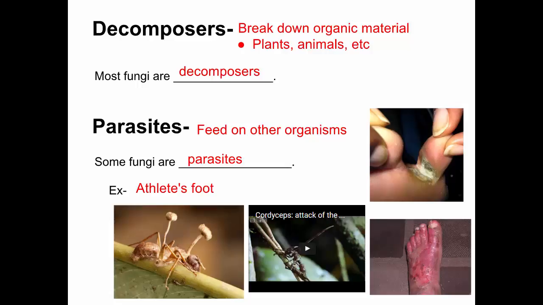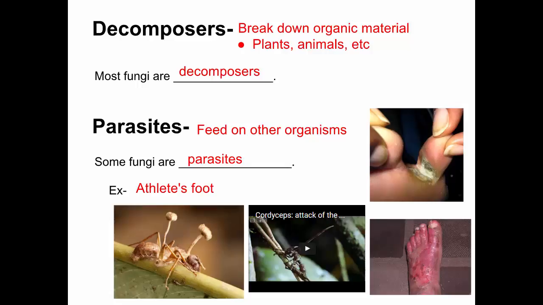And athlete's foot is a fungus that grows on a person's foot and causes the tissue to be damaged. Again, this fungus is breaking down the skin tissue and absorbing nutrients out of it. And so the skin becomes red and itchy and burns and hurts. Okay, it grows in between toes, just like that. And so it's not very pleasant.